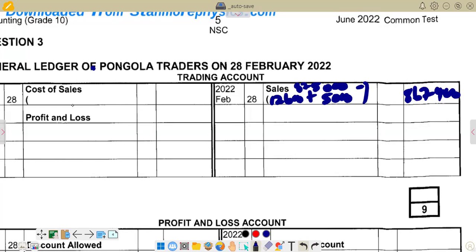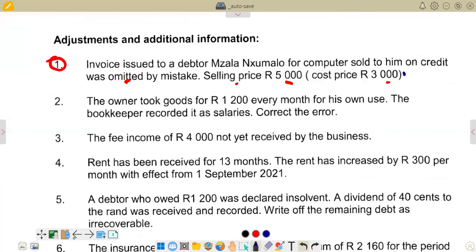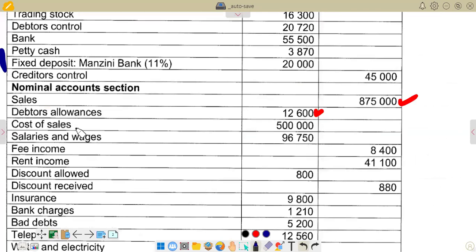Then also we can go and calculate the figure for cost of sales. So we can go to the list of balances and try to see if we are given the figure for cost of sales. Cost of sales we are already given here, calculated as 500,000. But remember, in some questions you might find that the figure for cost of sales is not given, but you are given the components for calculating the cost of sales.